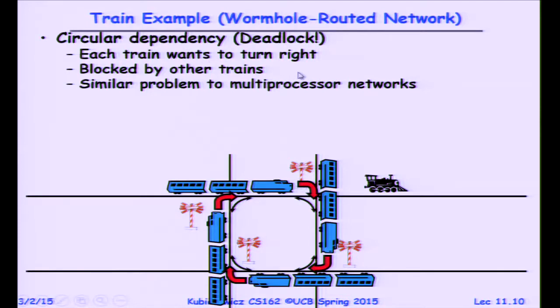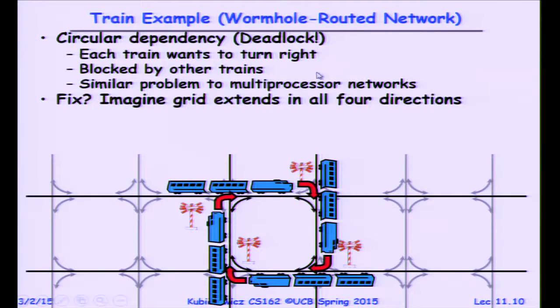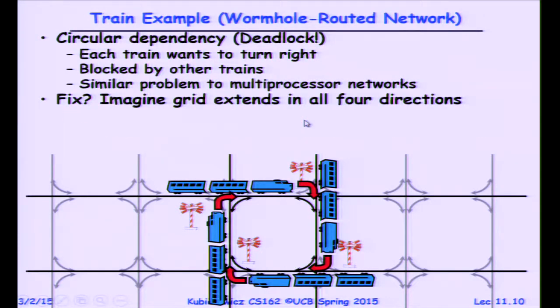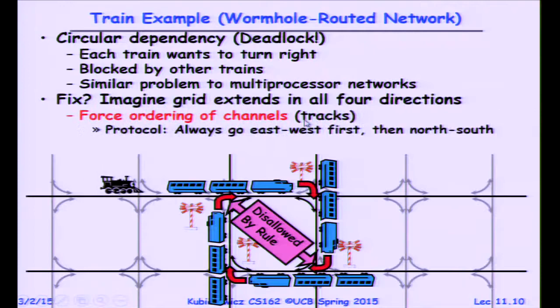This is very similar to the multiprocessor mesh networks, which you may have encountered in other classes. So you imagine the grid extends in all 4 directions, and what we do is we force an ordering of the channels. Yes, there was a train that just did that. Did everybody catch it? So we force ordering of channels to make sure that this doesn't happen. So the protocol could be always go east-west first and then north-south.